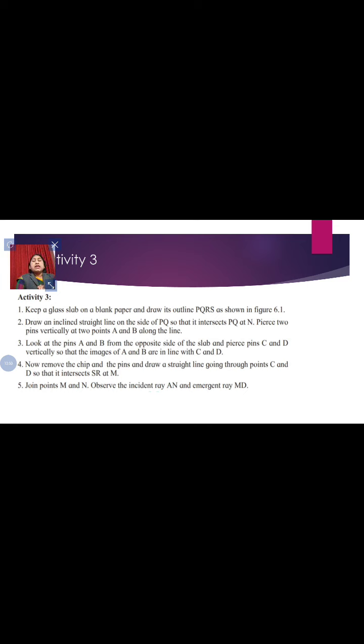Then we can remove the glass slab and the pins, and draw a straight line going through the points C and D so that it intersects SR at point M. Join the points M and N. Observe the incident ray AN and emergent ray MD.